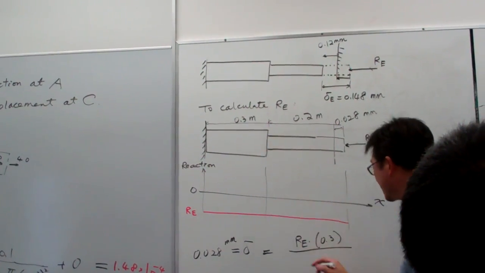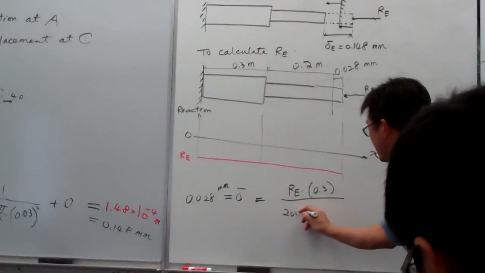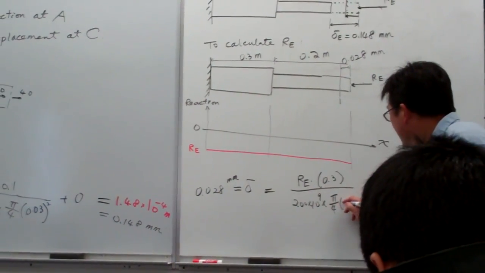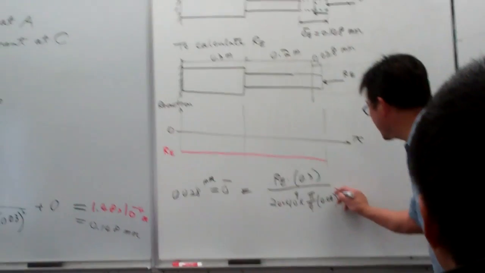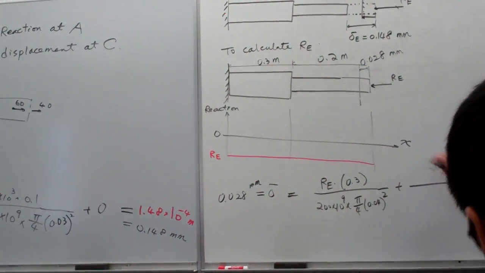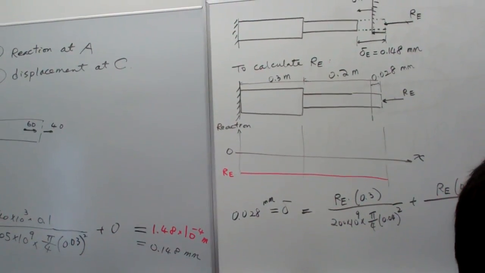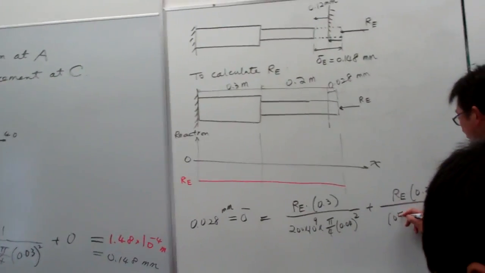For the first one, E is 200 times 10 to the 9, and pi over 4 times 0.04 meters squared, plus the second segment, RE times 0.2, 105.